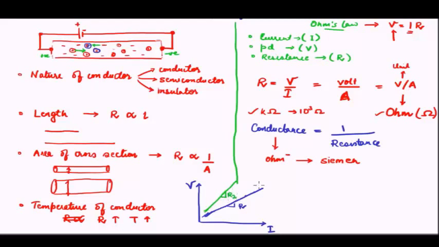So basically with increasing temperature the slope increases. Why so? Because what we have seen here, with increasing temperature resistance increases, therefore the slope has to increase. This is T2, this is T1, and T2 is greater than T1. Therefore this is one experimental proof of Ohm's law. Second, a proof that with increasing temperature the resistance increases.